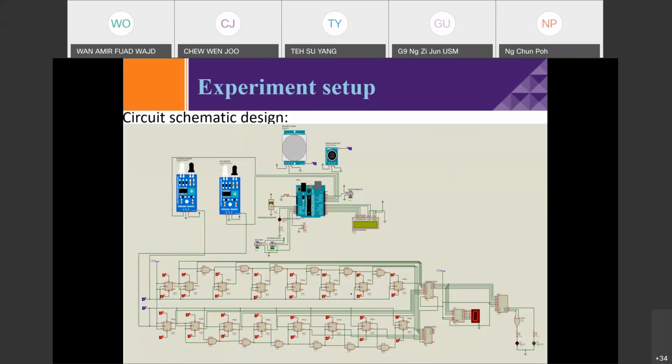If there are fewer than 7 people, the comparator will display the green LED to indicate that more people are allowed to enter the facility.